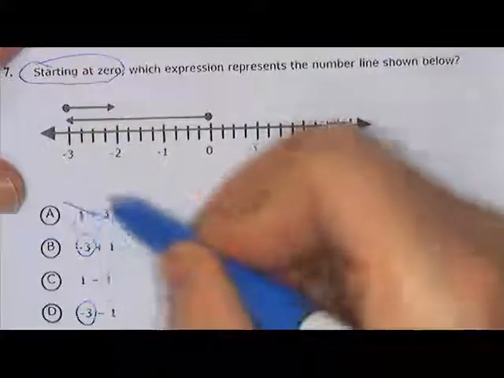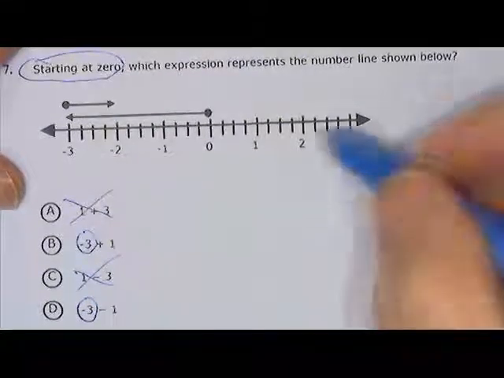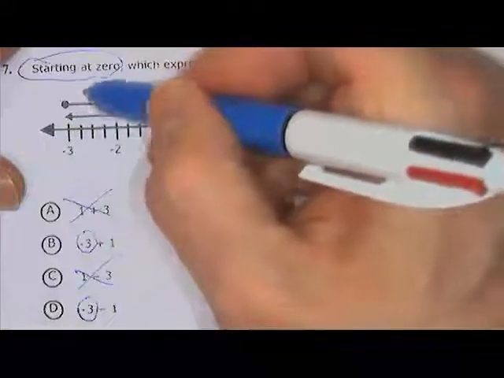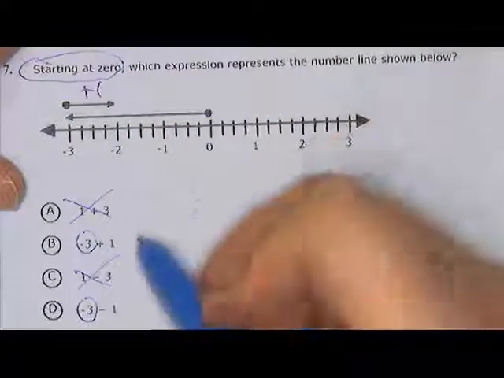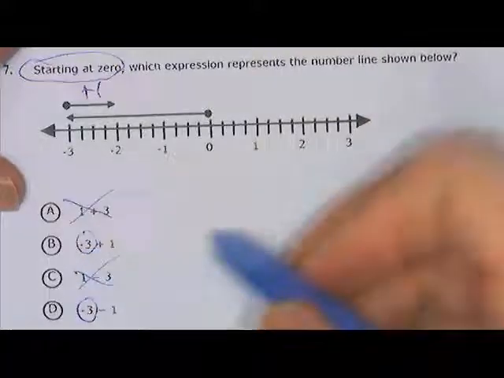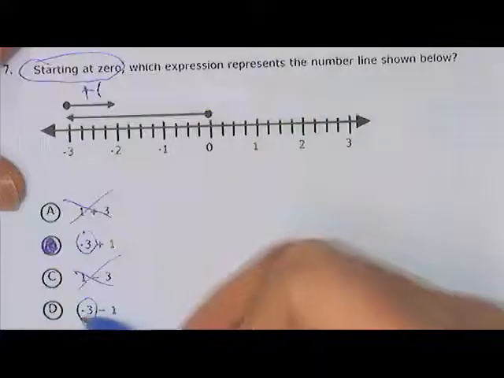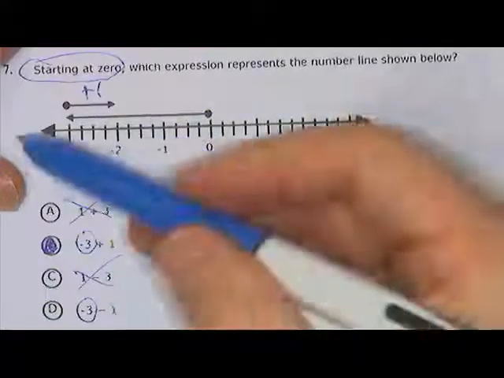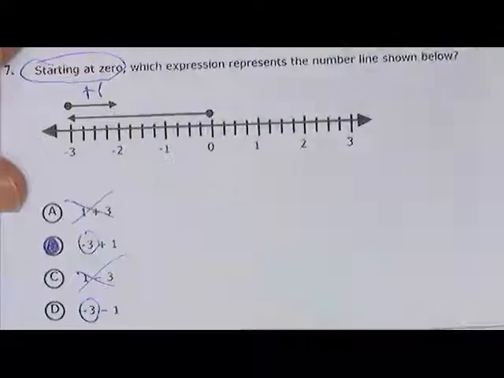So these two are no. It goes -3, and then it goes +1. -3, +1. That's this one right here. Because this one would be -3 minus 1. No, it's not going 1 that way. It's going to the right 1 space.